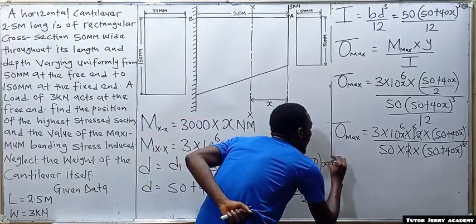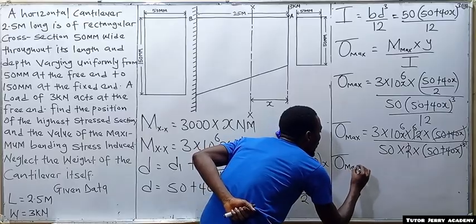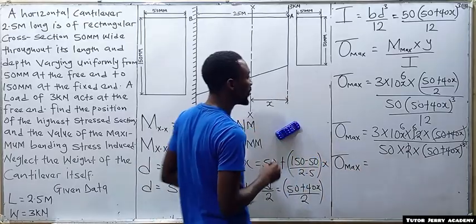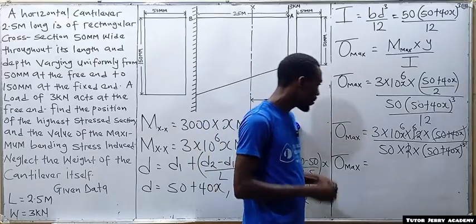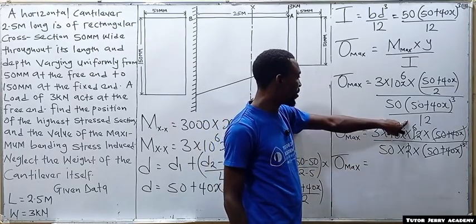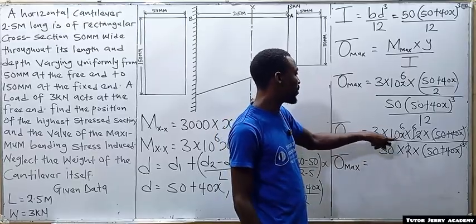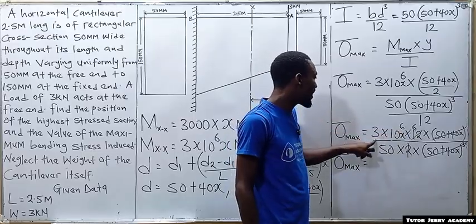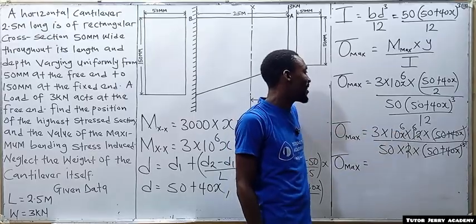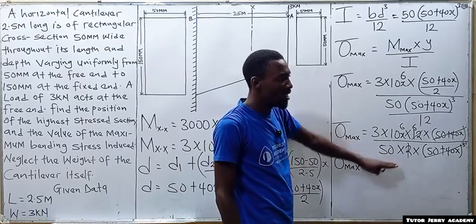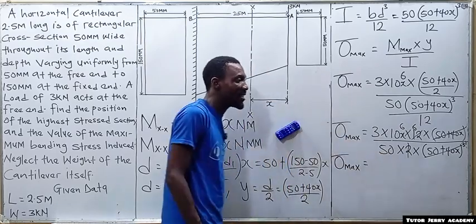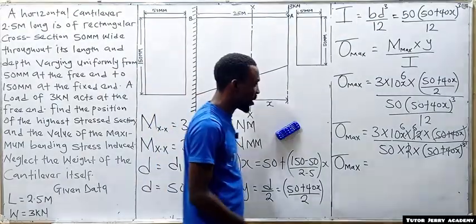So maximum stress will now be equals to, if you press 3 times 10 to the power of 6 multiplied by 6, and you divide by 50, you are going to have 36,000. That's what we are going to have.